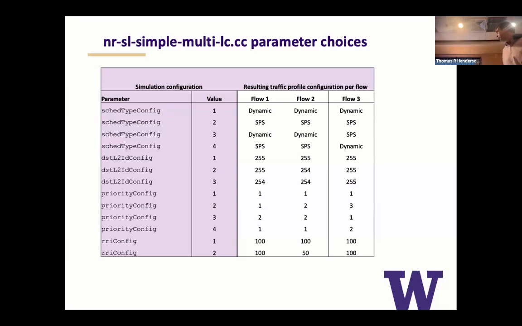And if you set it to 2, then all 3 will be set to semi-persistent scheduling. And so on. So you can see that basically by picking different values here, you could force these flows to have the same or different attributes.